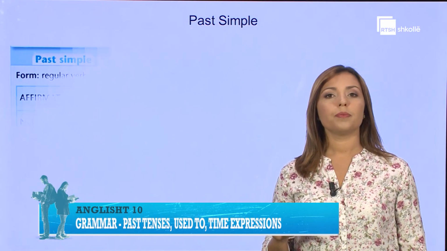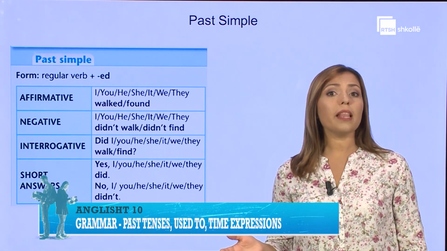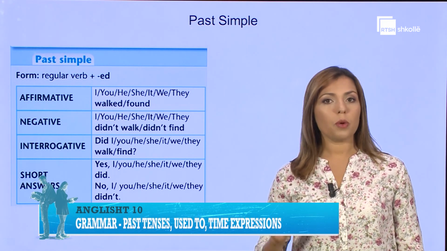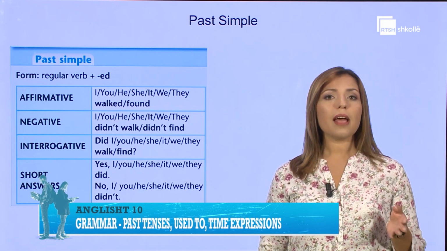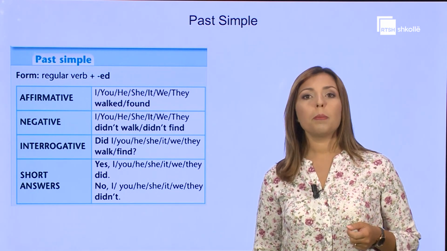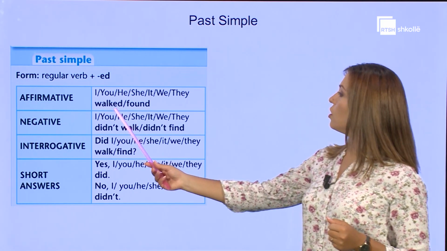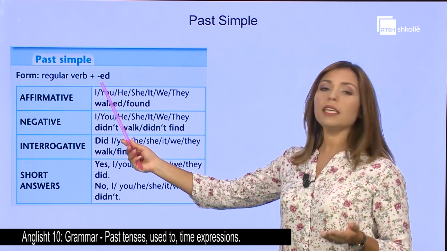First of all, past simple. I played. How is it formed? We have the main verb, play, for example, and the ending ed, played. Or another example, we have walk and the ending ed.